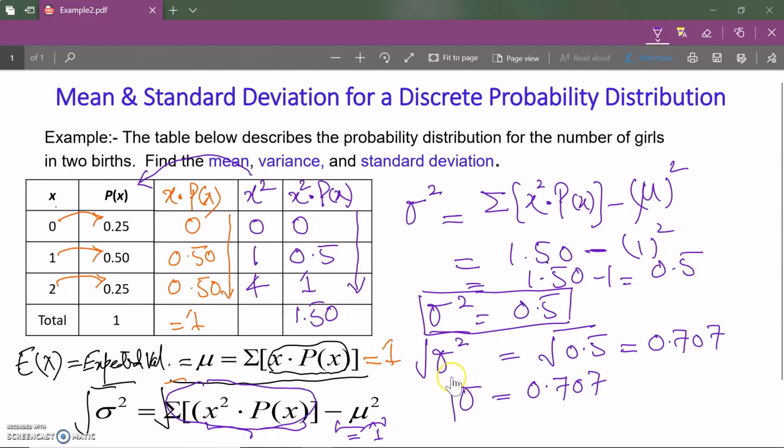So these are the three things we were asked to compute, and we have computed them: the mean, which is 1, the variance, which is 0.5, and the standard deviation, which is 0.707. In this example, I was given a probability distribution and asked to compute these three things, which I have done. I hope you understand this. Thanks for watching.